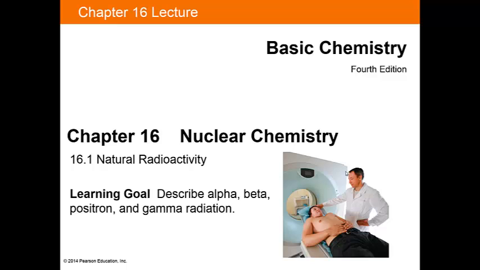X-rays work off the theory of radiation. So this first chapter, we're going to describe these particles of radiation: alpha, beta, positron, and gamma radiation. I always call gamma radiation the mutation radiation, or the superhero radiation, just because of the power behind gamma radiation.